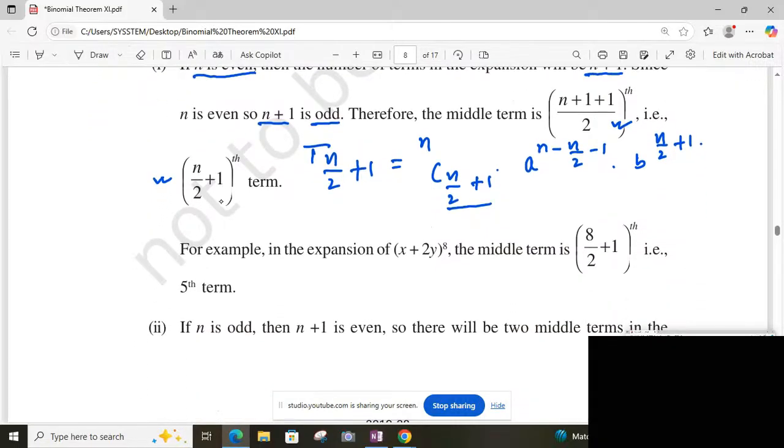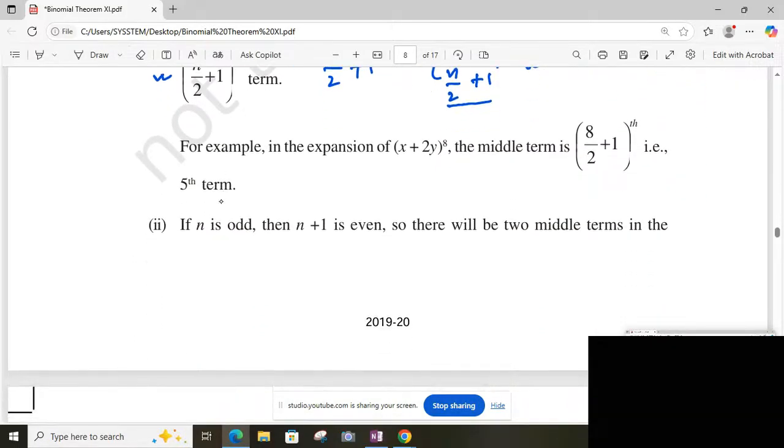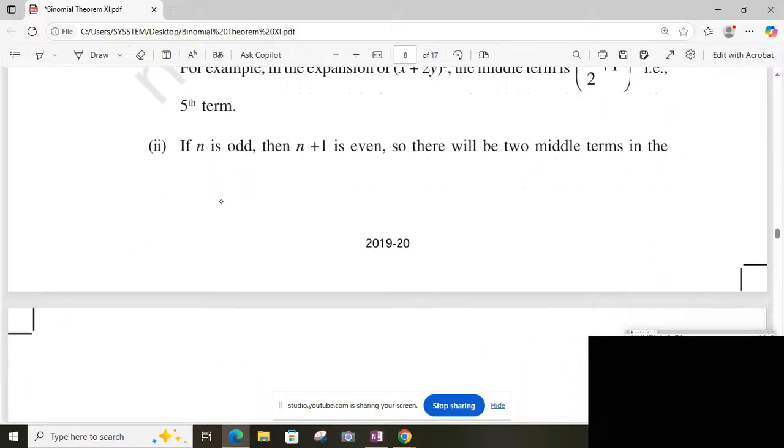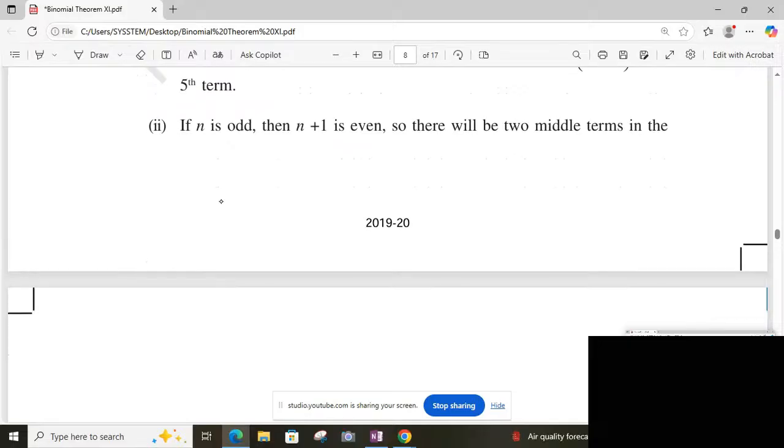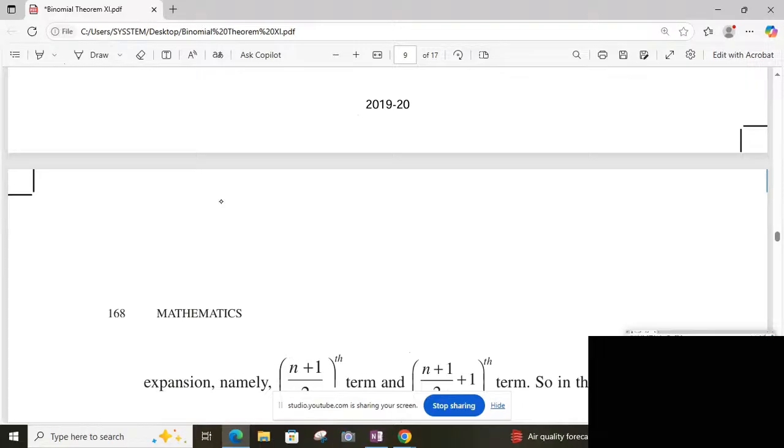Let's see. If n is odd, then in the expansion n plus 1 will be even. In that case, we get two middle terms.